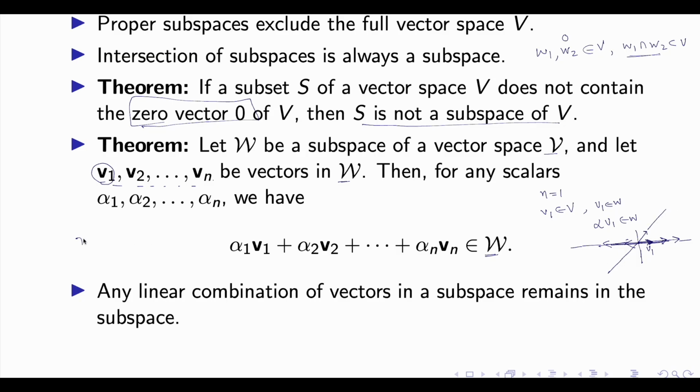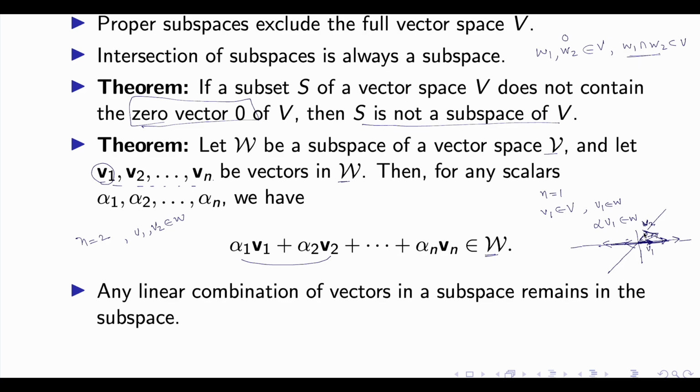Okay. Now take n equal to 2. n equal to 2 means V1, V2, two vectors belong to W. If two vectors belong to W, then their linear combination will look like this. Let's say V1 is this and V2 is this. So we have this direction and this direction. Take the sum, so the sum will be in this direction, some vector, the sum of the vectors.